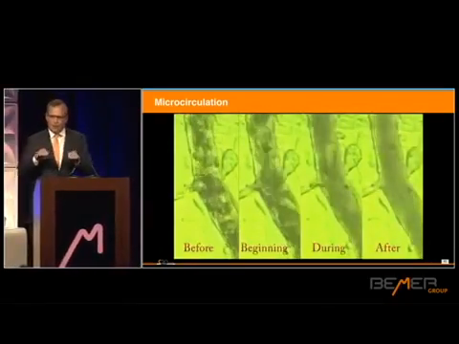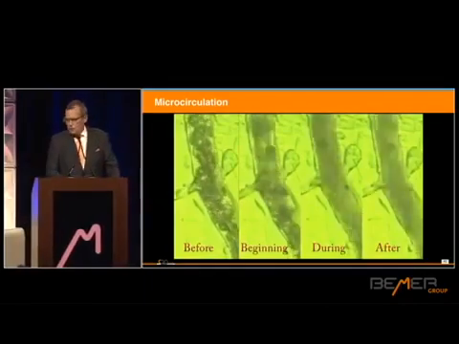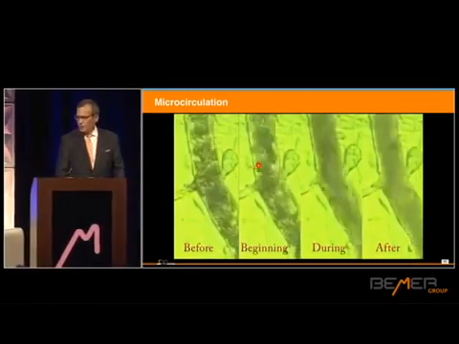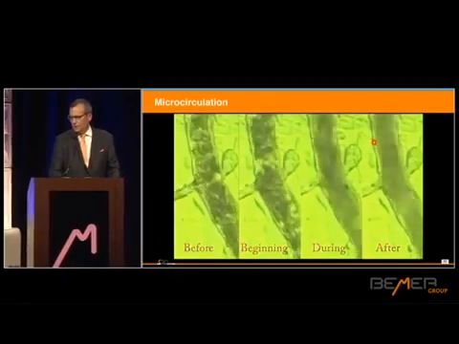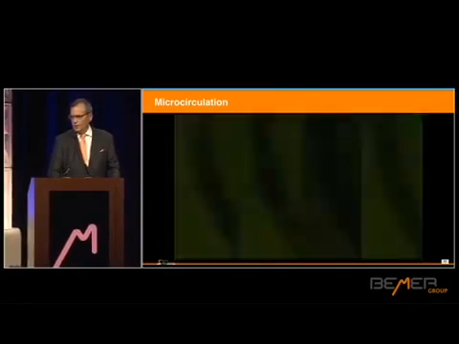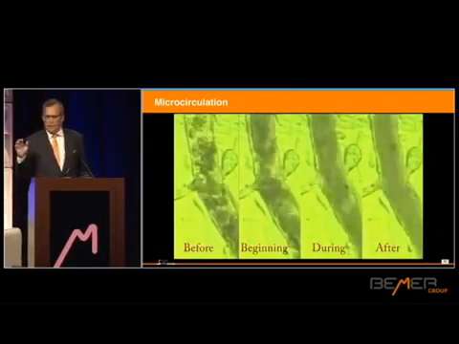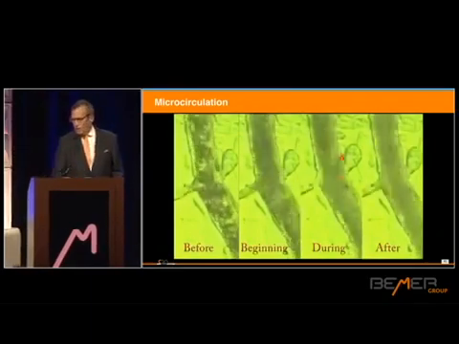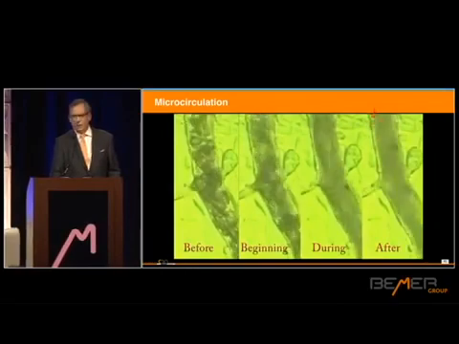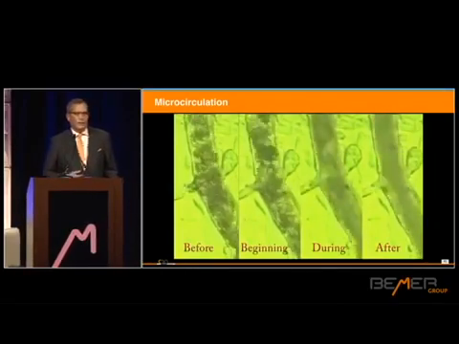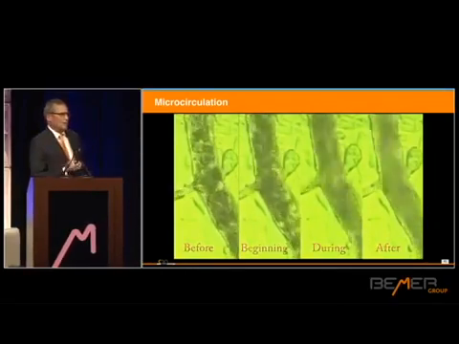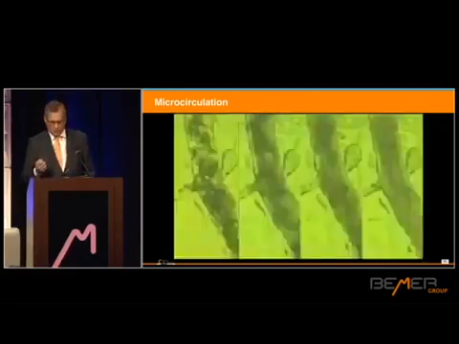Not much is happening here. But as you move left to right, you can see an improvement in the vascular flow of red cells and white cells. This is what our body is designed to do. And that's the connection between the macrocirculation and the microcirculation.